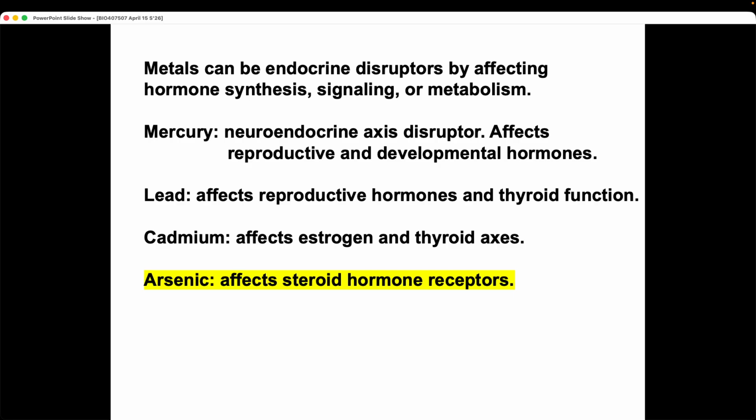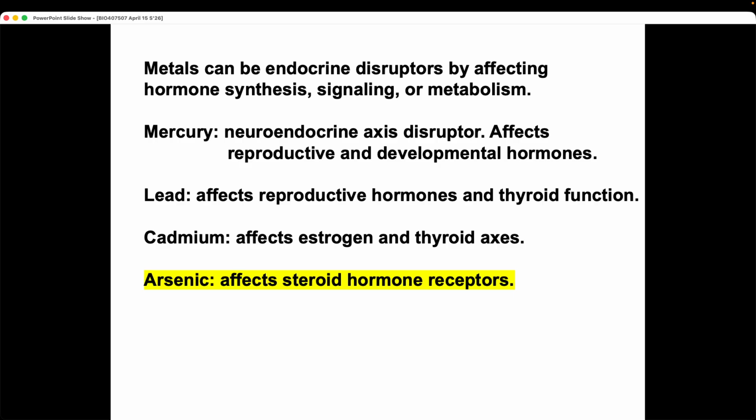Or is it downstream of the signaling? I thought that would be a good thing to show the students, that these metals could be endocrine disruptors, because there are so many things a metal could do that could be toxic and problematic.